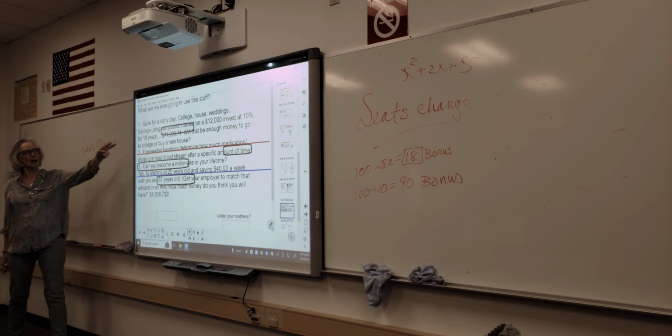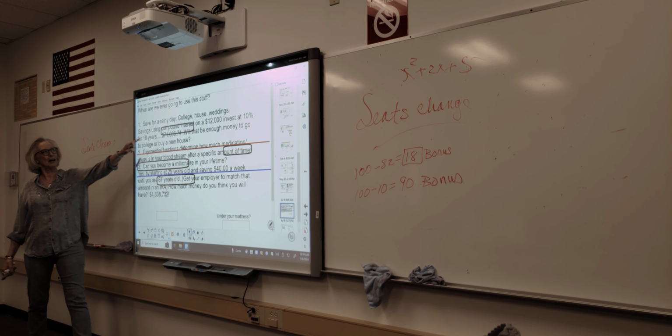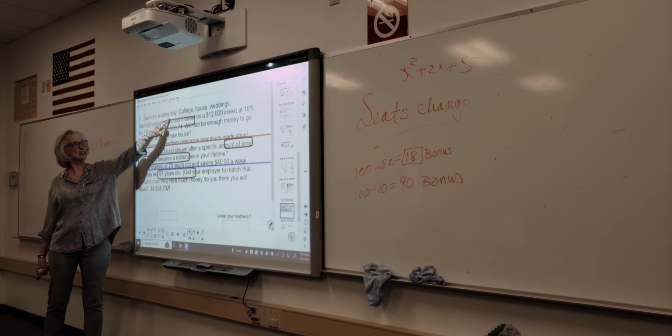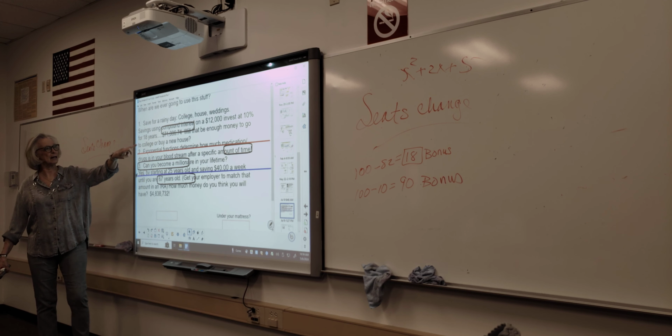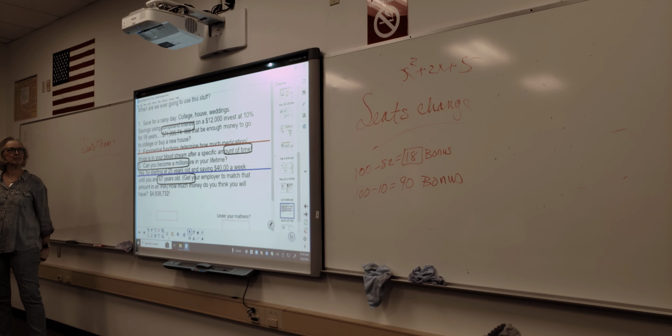So, if I took his $1,000 and just put it in a bank that invested at 10%, he would have 71,000 when he turned 18. You're going, oh, that's not bad. Yeah, other banks that give 10% interest.